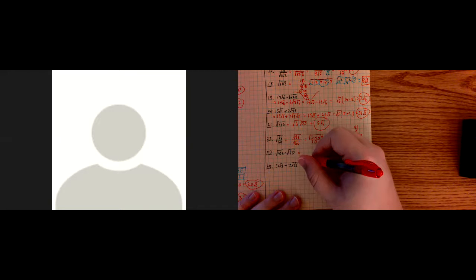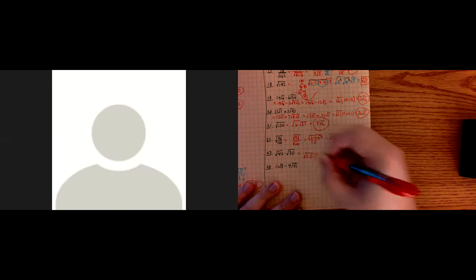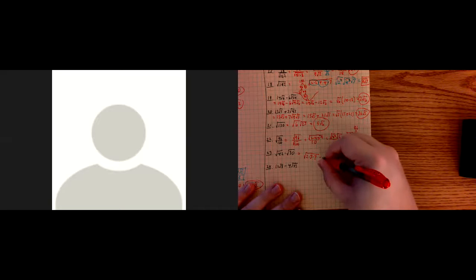On 23, it's important to remember that you can kind of do this in the order you want. So I'm going to choose to simplify first and then put them together. So square root of 42, it doesn't simplify. So when I write out its factored form, I'd have 2 times 3 times 7. Square root of 30 would be 3, 2, and 5.